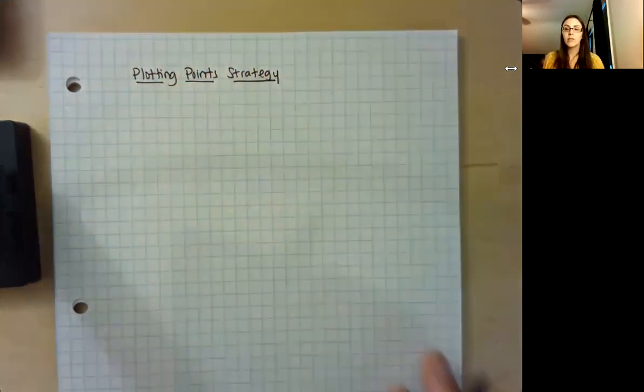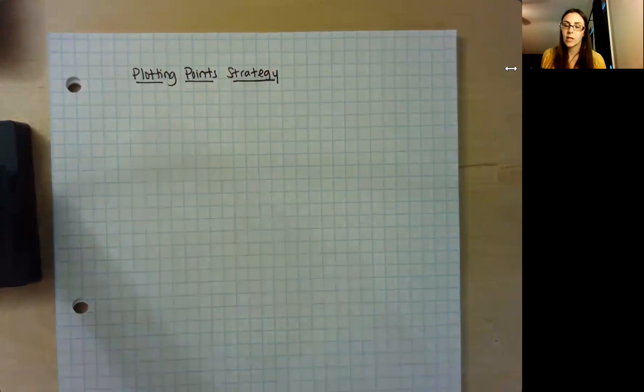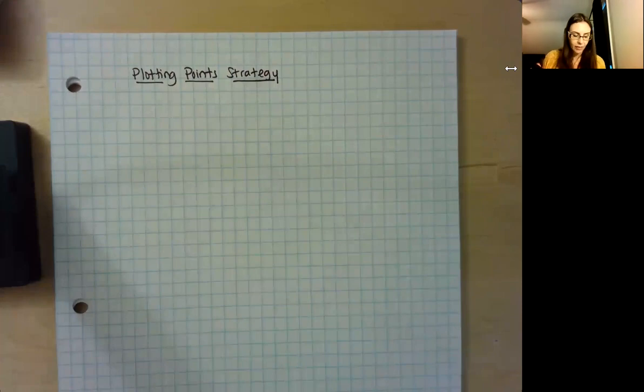Okay. So in this video, I'm going to use the most basic of ways that you can graph a linear equation. It's typically called the plotting points strategy, or graphing by plotting points. So what are we going to do there?